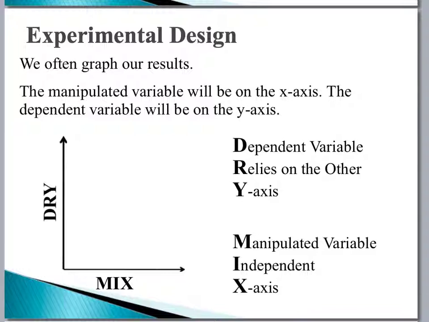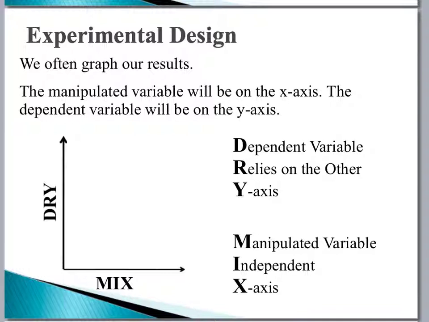With that experimental design, we do need to remember that we often need to graph our results, and it's a lot easier if you're looking at a set of data that it's graphed and drawn out so that you're not digging through the material. The manipulated variable or the independent variable will always be on the x-axis.